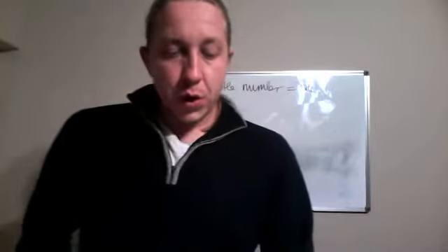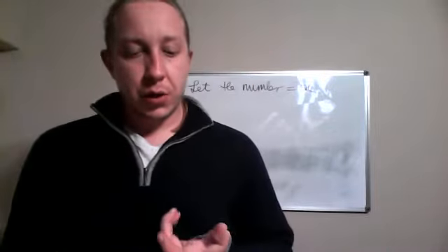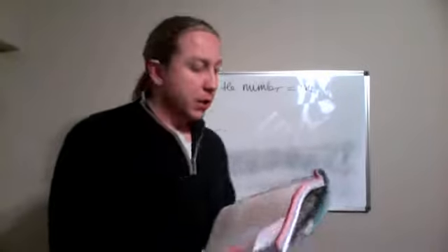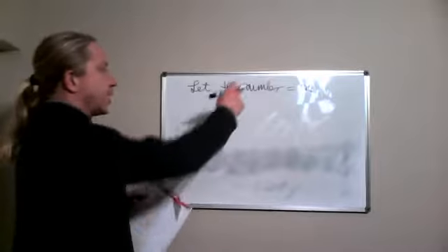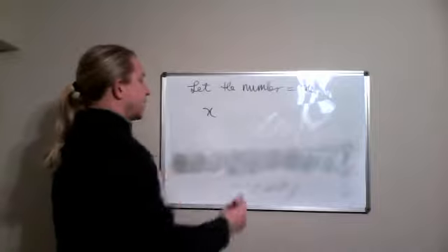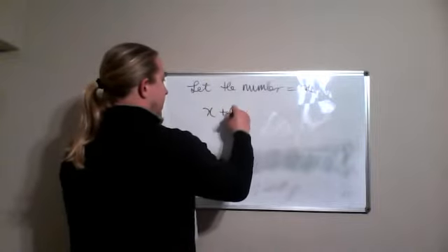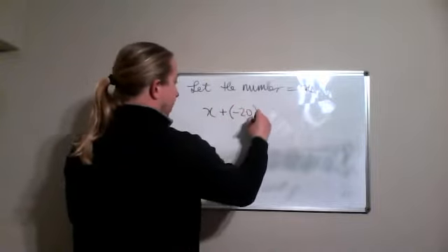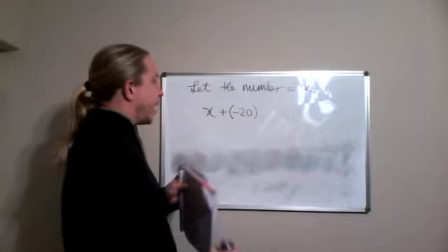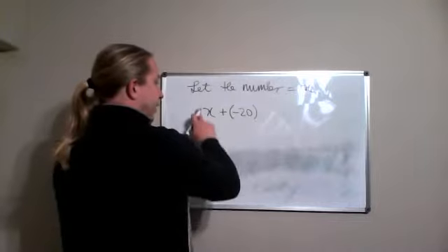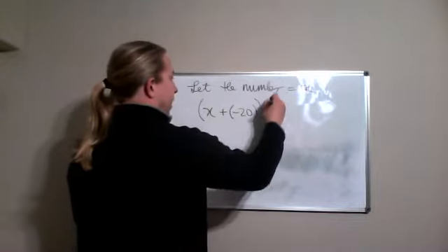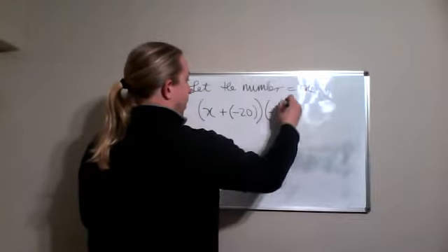Now what we need to do is read the words and translate them into maths. Think of a number: our number is x. Add negative 20, so we're adding negative 20 to that. And multiply the answer by negative 3, so whatever this answer is, we have to multiply by negative 3.